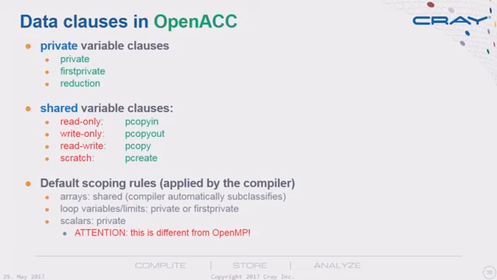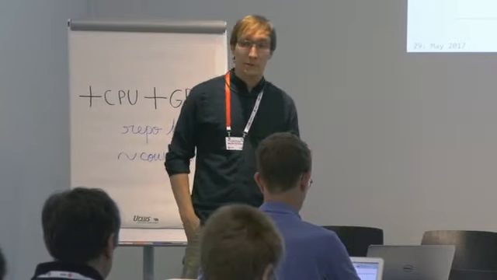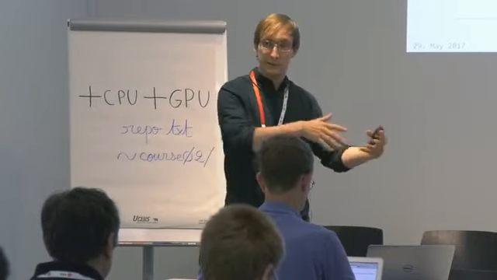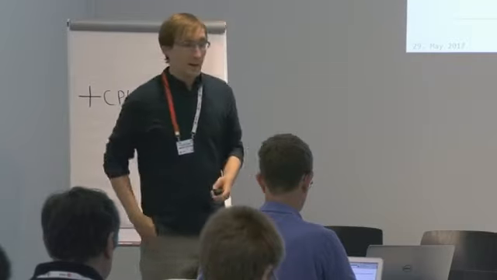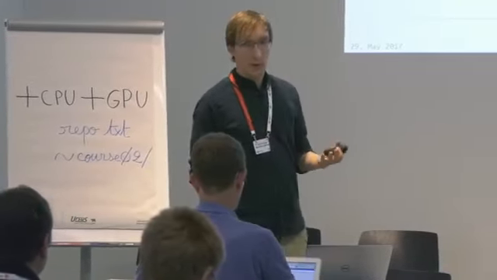All these P statements stand for present or copy, which means that the compiler will check if the data is already on the GPU and then not copy the data, and if it's not already on the GPU, it copies the data. This is the same behavior that OpenMP also has.